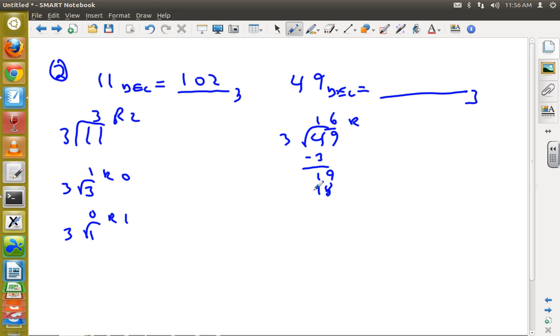Subtract, and you get 1. So that's the remainder. All right, now you go 3 into 16 goes at most 5. And the remainder is 1. And 3 into 5 goes 1. Remainder 2. And 3 into 1 goes 0. Remainder 1. So what's the answer?